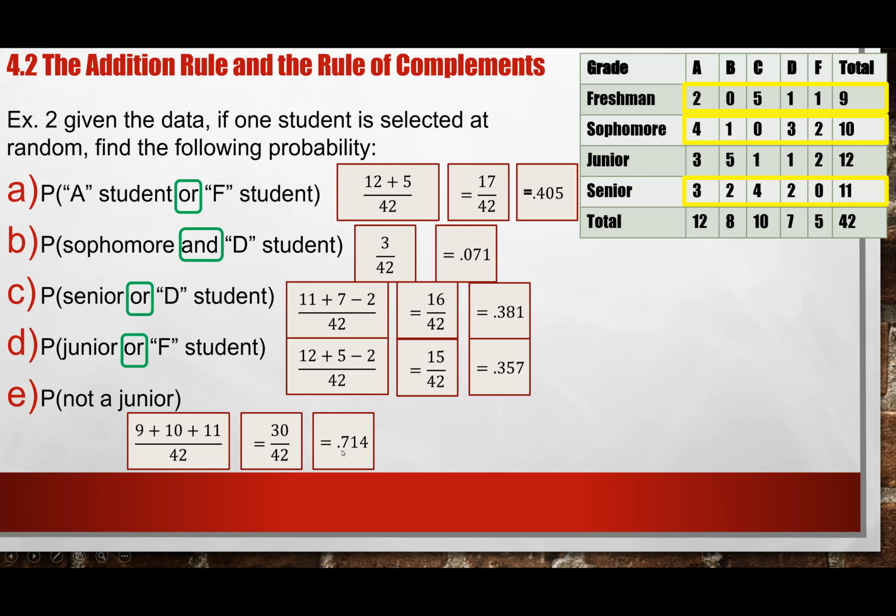It is 0.285, 0.286 if you round up. Everybody see that if you take 1 minus 0.286, you get 0.714. That's the answer we have here.